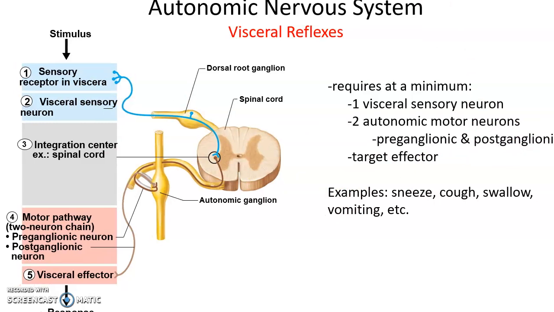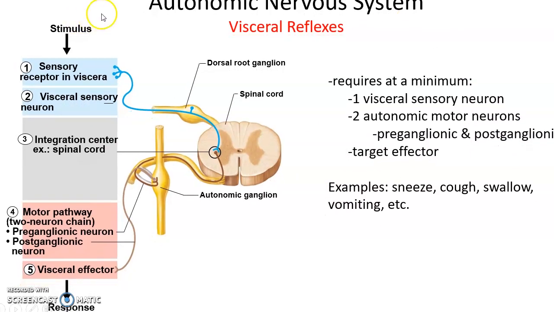So for instance, say you have some water going down the back of your throat. That is the stimulus, fluid entering the back of your throat. You have sensory receptors that will detect this movement of something into the back of your throat, and then send a signal to your visceral sensory neurons, and they will send a signal to the, well, in this case it's the brain, but it could be the spinal cord.